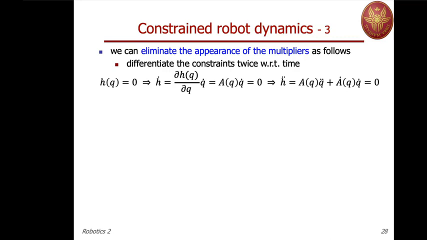Now, this type of derivation should be familiar to you by now, because it's like when we compute the acceleration of the second order differential kinematics, starting from the direct kinematics. It is exactly the same.